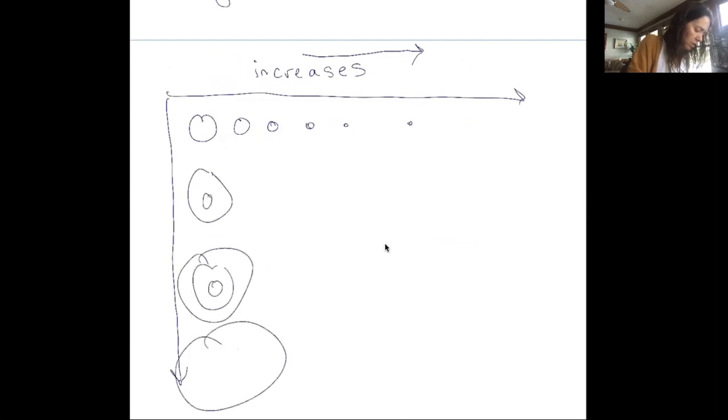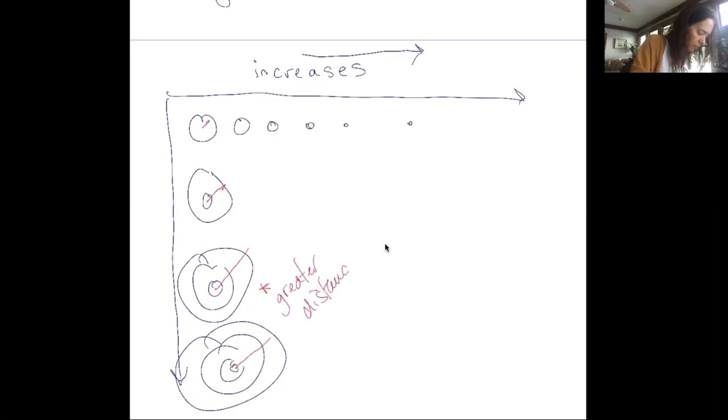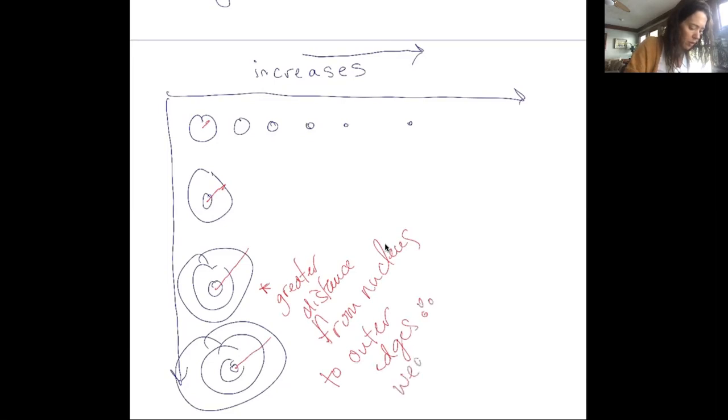The nucleus is further away from the outer edges of the atom, right? We have a greater distance from nucleus to outer edges. Weaker attraction, therefore weaker attraction for electrons. All right, exact opposite right here.